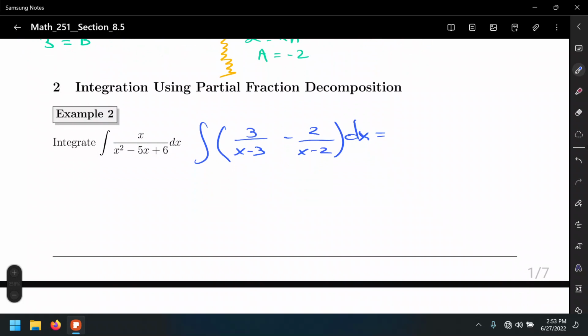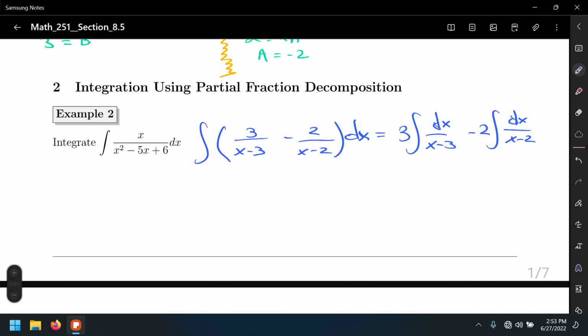From here, let's split this into two integrals: 3 times the integral of dx over x minus 3 minus 2 times the integral of dx over x minus 2.